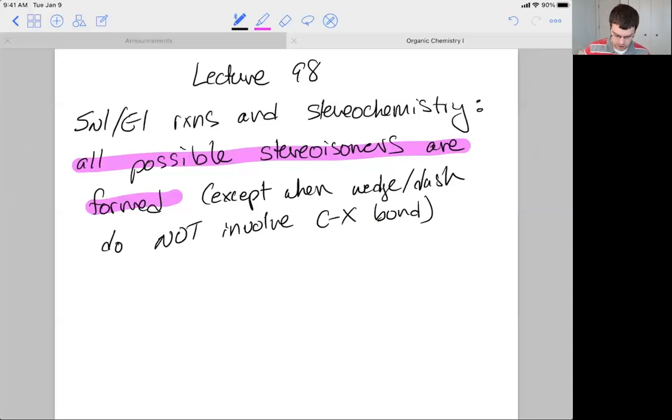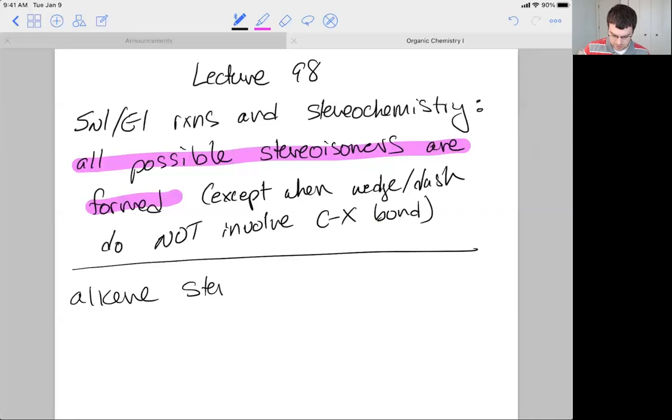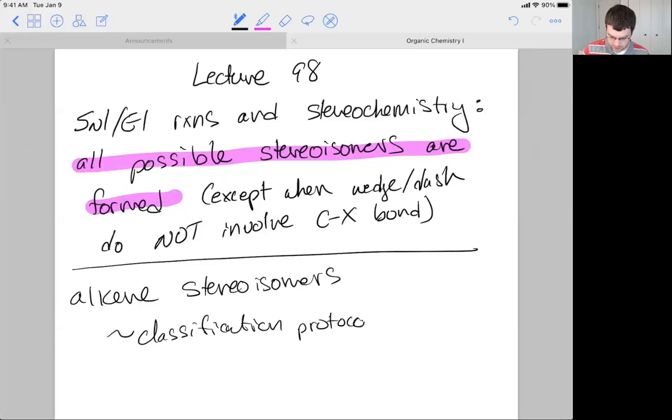So what we need to do is talk about alkene stereoisomers. And there's a new classification protocol, the EZ protocol, and we'll get to that in a second.